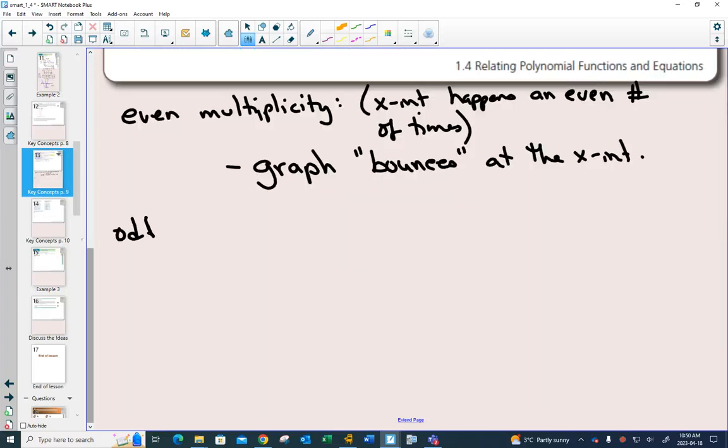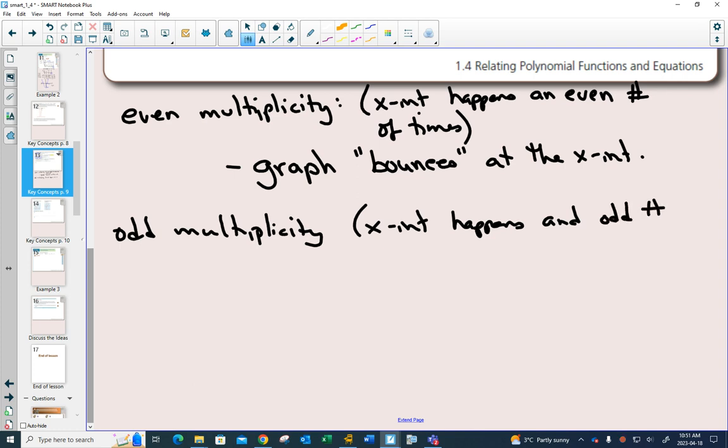If you have an odd multiplicity, in other words, the x-intercept happens an odd number of times. And you can see this by the exponent of that factor.